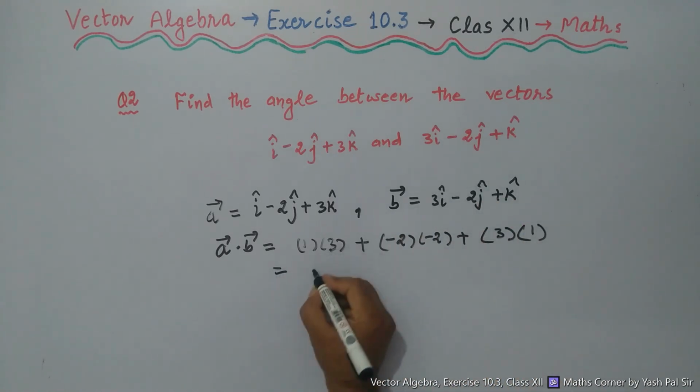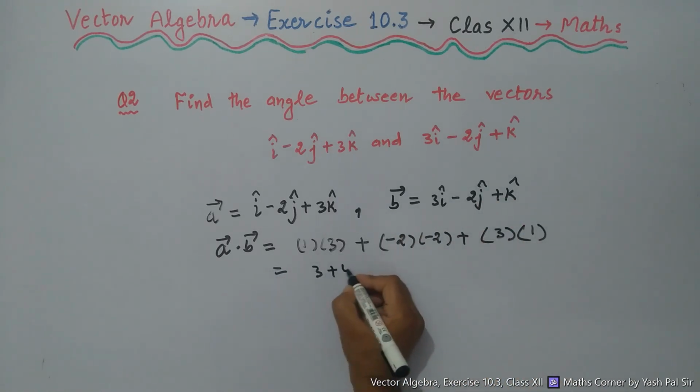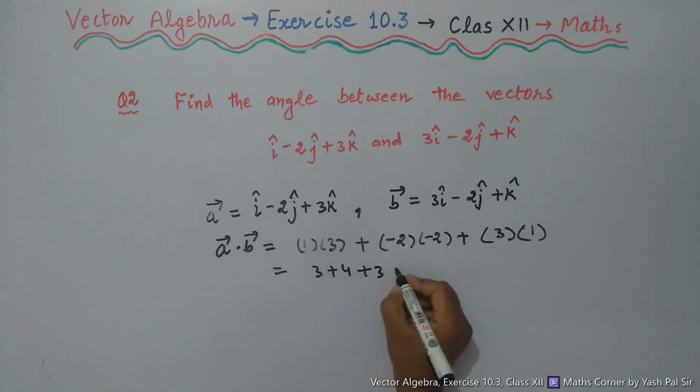So finally we have 3 plus 4 plus 3, which is equal to 10.